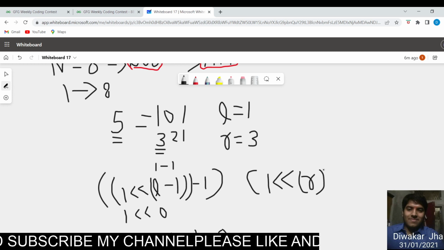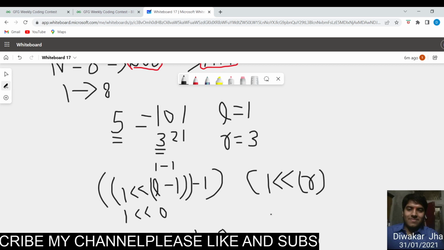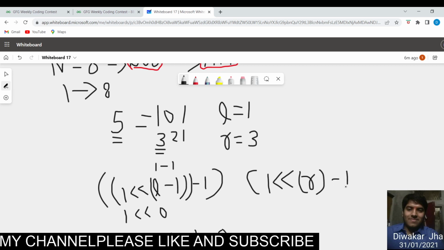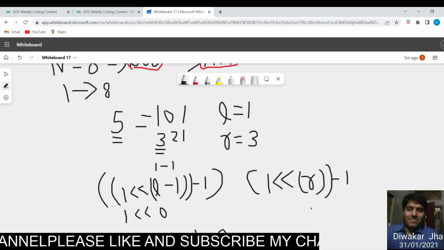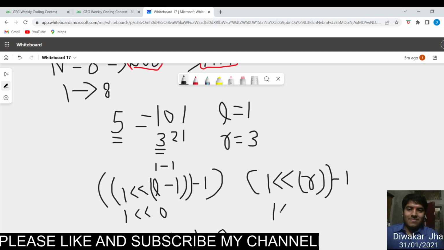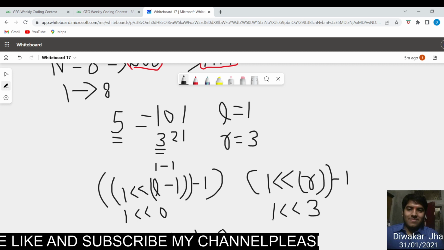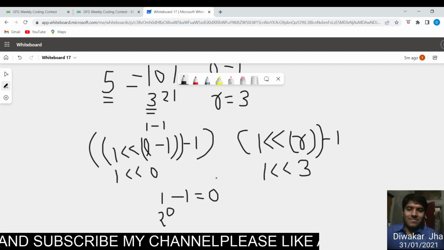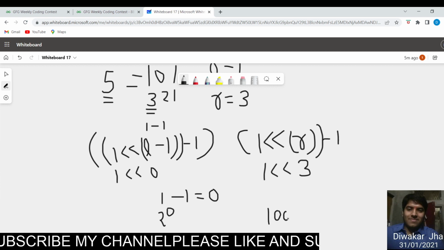Then we subtract 1 from the value. So 1 is left shifted by 3, and the binary representation of this value is 1000.